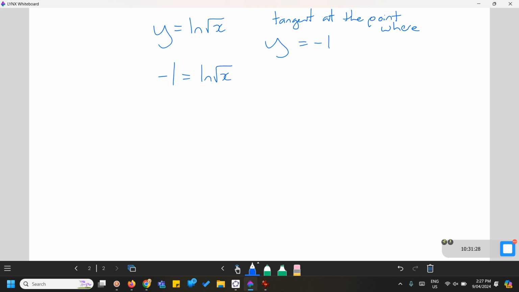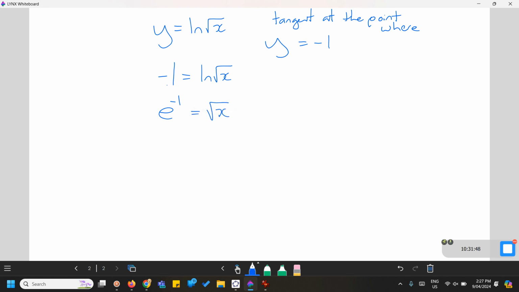That's what ln means. And we've been told the answer is -1 already. So e would have to be to the power of -1 to equal root x.